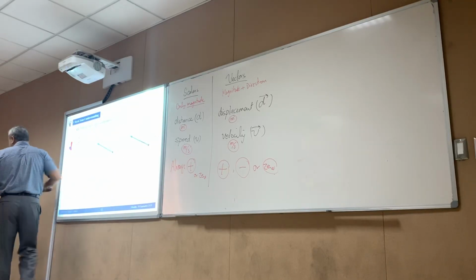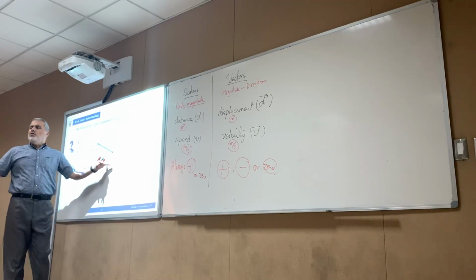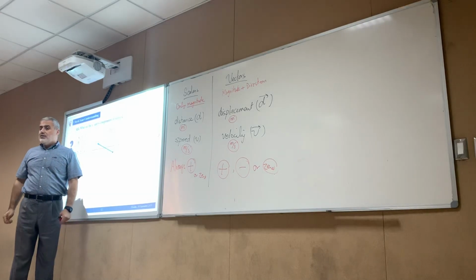Come on. Here we have the following question. What are the x and y components of a vector C? You may ask yourself, what about the vector C? How is it? Don't worry.